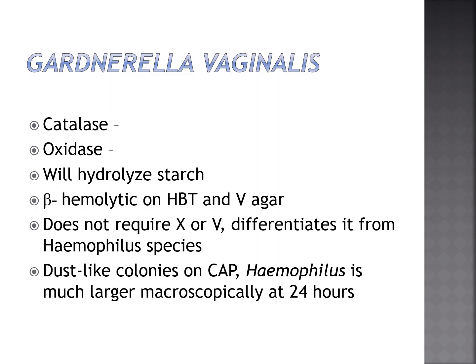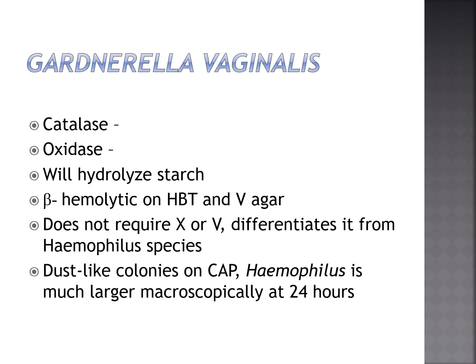Like I mentioned before, Gardnerella vaginalis is not an STD. It is normal vaginal flora, but when it is in greater numbers than the rest of the normal flora, it can cause bacterial vaginosis. This organism is catalase negative and oxidase negative, and its claim to fame is that it's going to hydrolyze starch. It can break down starch into smaller, more simple components.